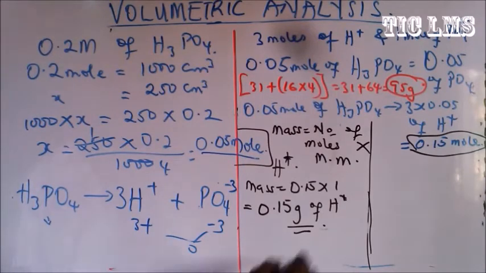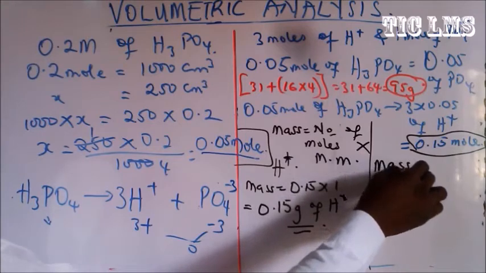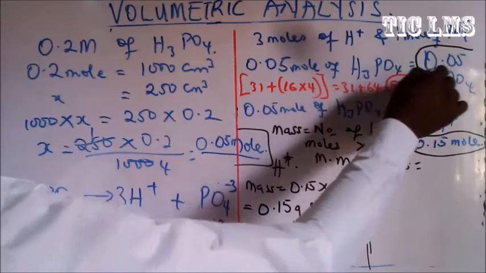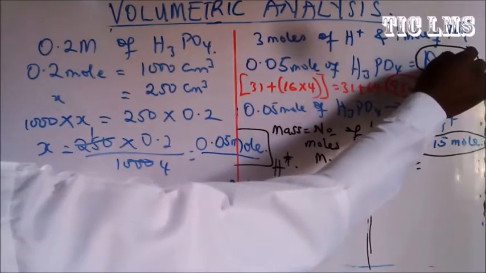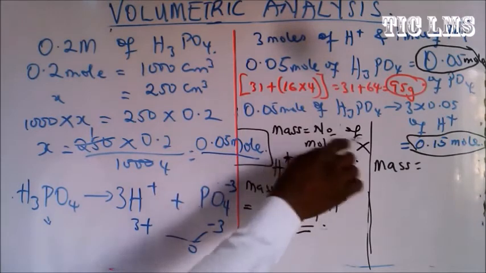So next thing we will do is that we will now find the mass of PO4 in 0.05 mole, following this formula which says number of moles times molar mass.